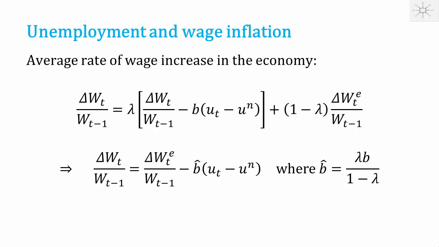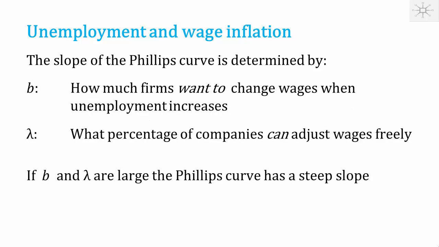And now we have our first Phillips curve that relates the wage increase to the expected wage increase and the level of unemployment. And we can look at this slope of the Phillips curve here, beta hat. The slope is determined by two parameters, b and lambda. And if they are large, the Phillips curve will have a steep slope. And b actually measures how much firms want to change wages when unemployment increases.